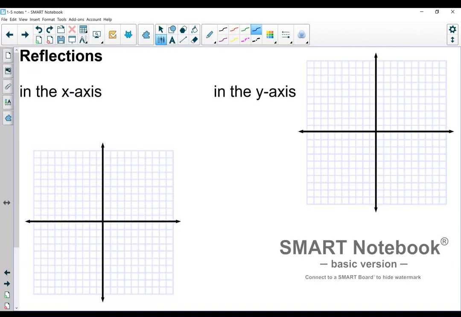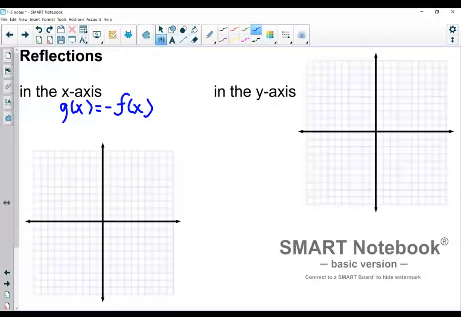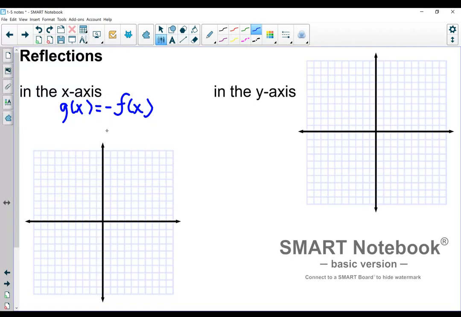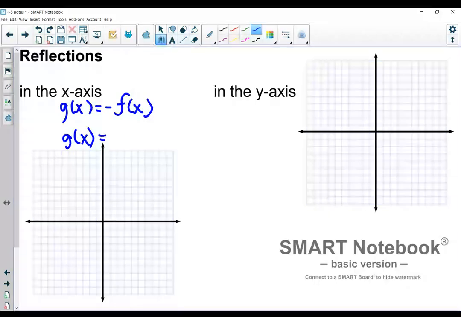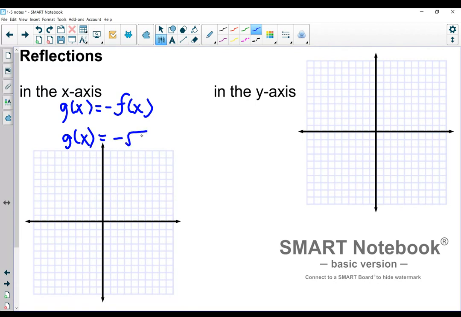For reflections in the x-axis, and this is what we've done before, just means over the x-axis. That means if my parent function was f of x, I have a negative on the outside of it. And so the obvious one again is parabolas, but we've already done one of those. So let's go ahead and use the example that, let's say g of x equals negative of the square root of x.